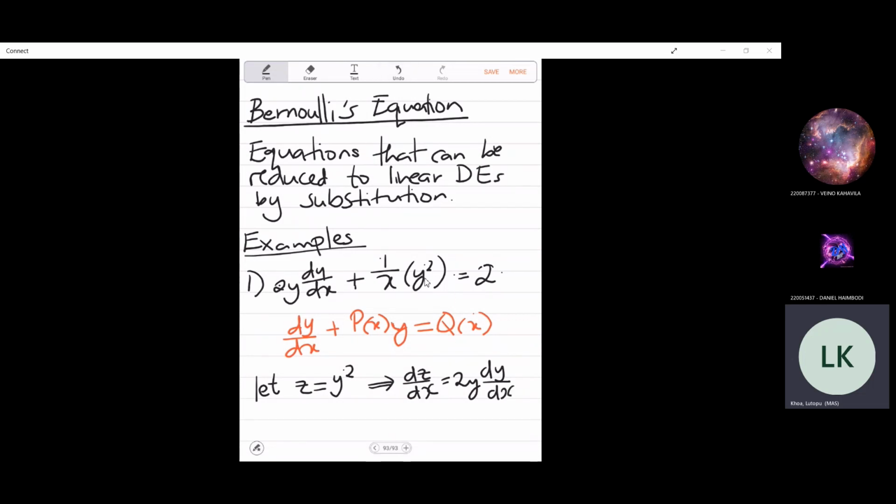What you should always take note of is here you have the function, and then this is the derivative. I have y squared, the derivative is 2y, or at least a scalar multiple of that derivative. Then we can make this substitution.